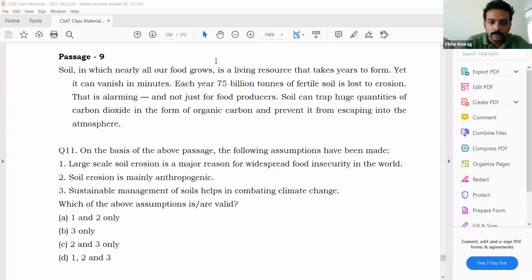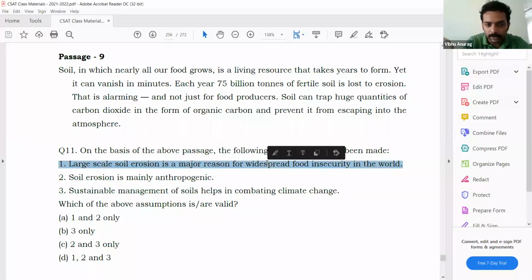So, which of these assumptions have been made? Number one, large-scale soil erosion is a major reason for widespread food insecurity in the world. He is not really talking about food insecurity in the world here. He's talking about the carbon trapped in the soil.